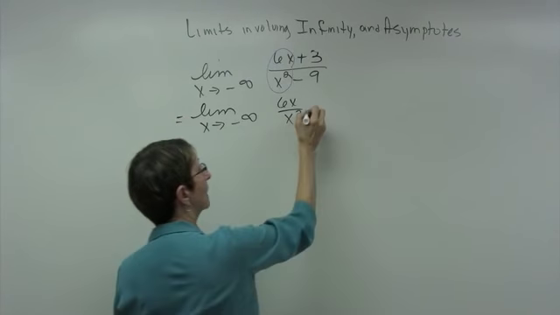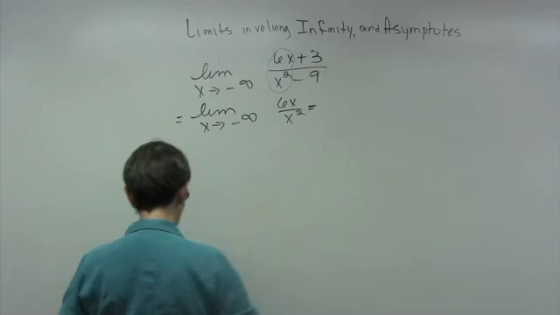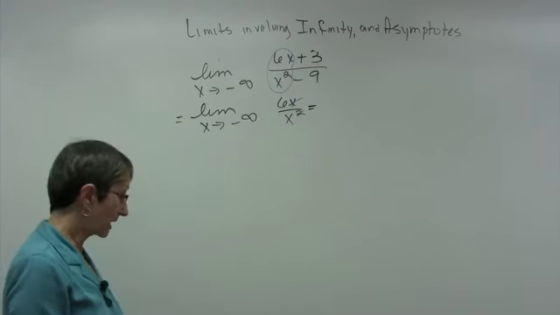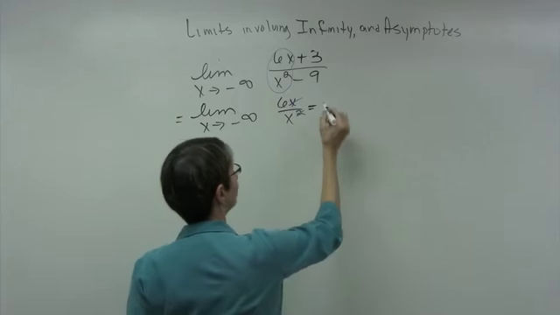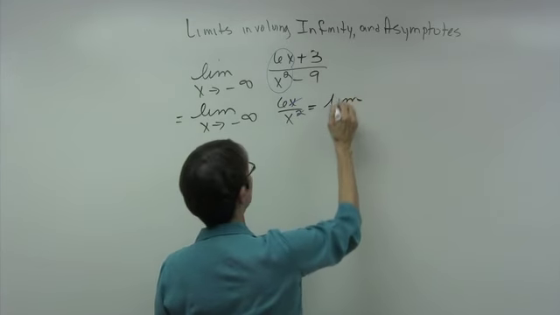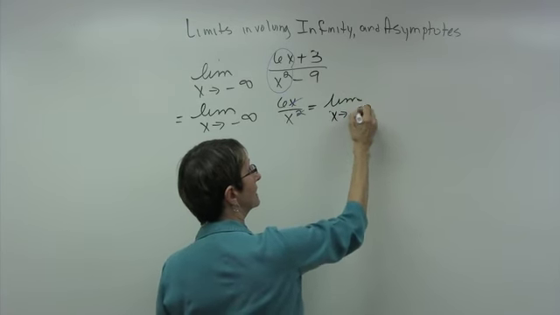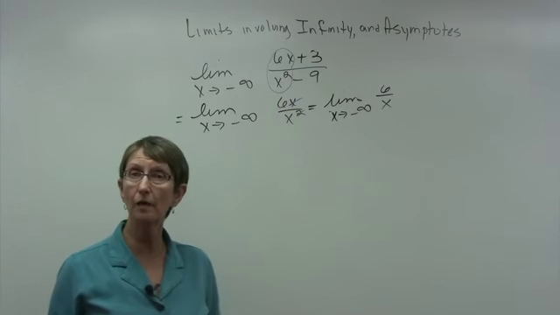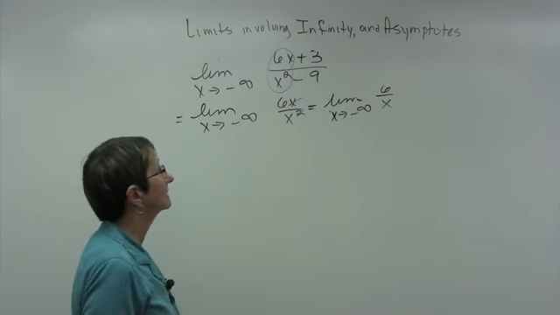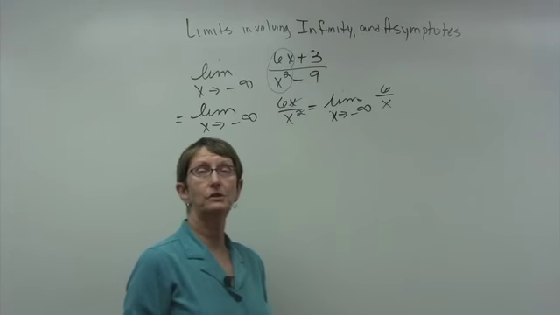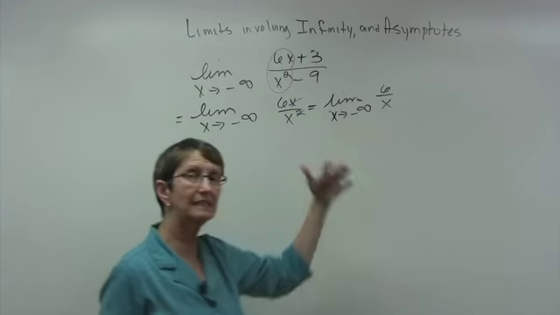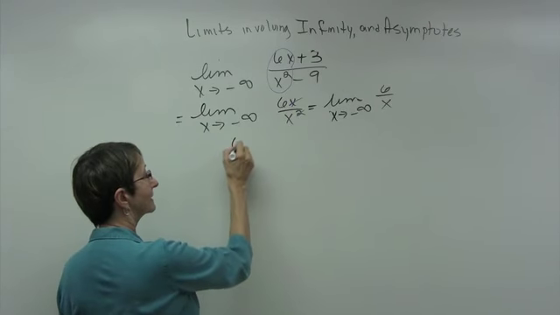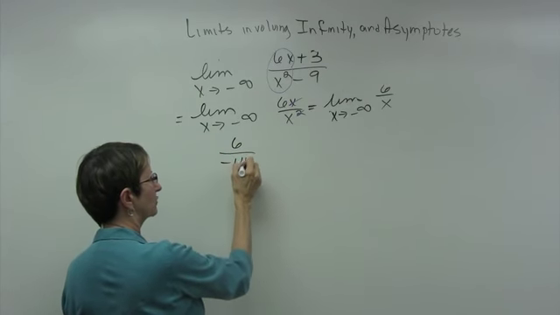And this time, when I cancel the x and one of the x's in the bottom, I get the limit as x approaches negative infinity of 6 over x. I don't just get a number. So I have to think now, well, what do I do as x approaches negative infinity? Well, let's put in some numbers. I'll have 6 over negative 100.